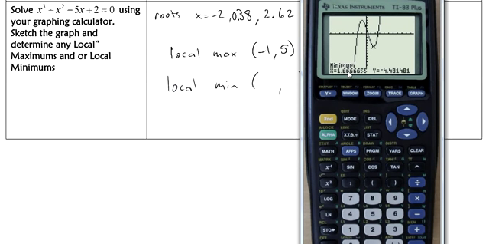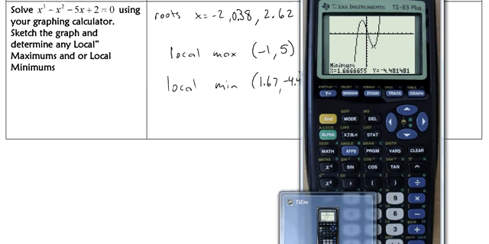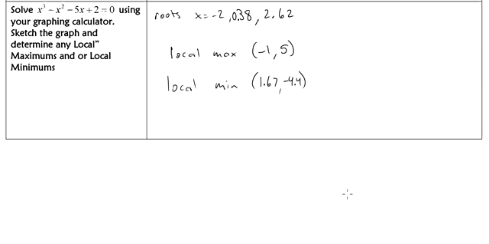And so local minimum is going to be 1.67 comma -4.48. So it was 1.67 and -4.48. All right. Hope that helped.